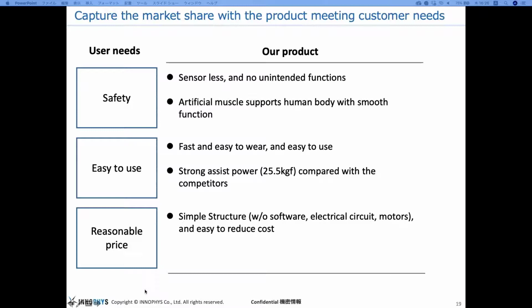And artificial muscle supports the human body in a very smooth way. When you put it on, it's very easy to use, with strong assisting power. And the very simple structure allows us to reduce manufacturing cost. That is why we could do this very reasonable pricing. So those are the main points that we think are important.